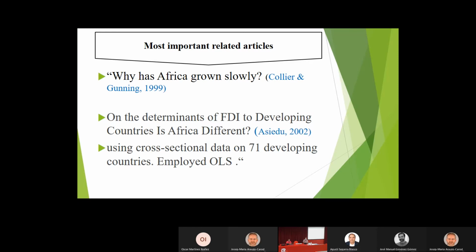And the related and specific article on the determinants of FDI to developing countries, Is Africa different? by Professor Asiedu, University of Kansas. She examined 71 developing countries, from Latin America, Asia and Africa. She compared between them on the same question, and she employed OLS.